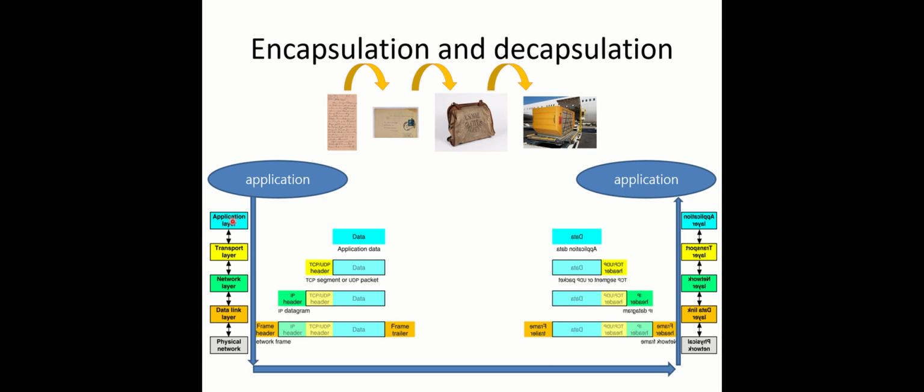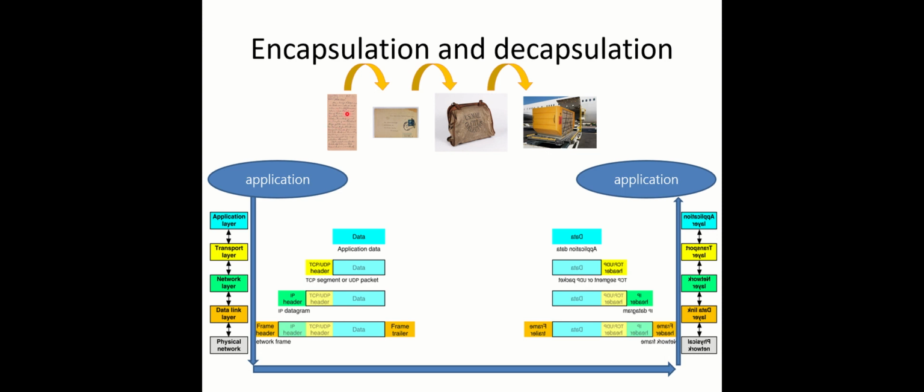So it goes through, say, HTTP, TCP, IP, and then it goes through Ethernet, and finally the physical layer of the Ethernet, and goes over the internet, and finally arrives and goes through the reverse process. It first goes through Ethernet, and then IP, and then TCP and HTTP, and finally the data itself is delivered to the application. It's like you're sending a letter to your friend.